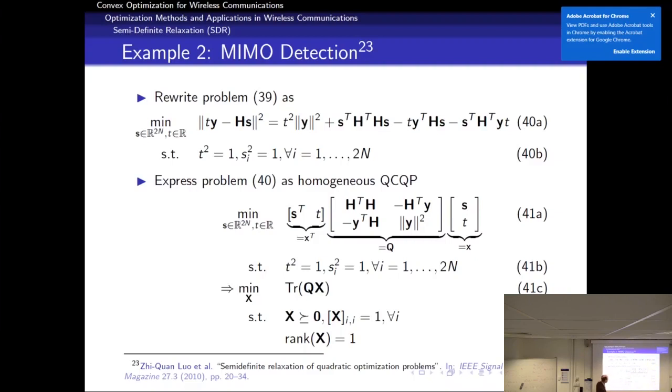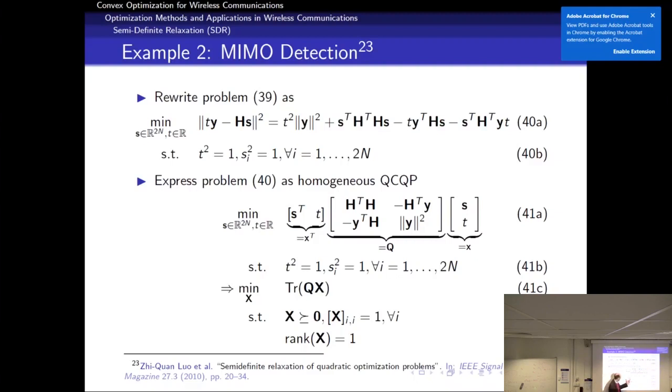Right? So this is what you do here. You reshape, and this reshaping of the formulation can be very much problem dependent. This is where you need quite a bit of experience when you play with convex optimization problems, to do this progressive transformation.